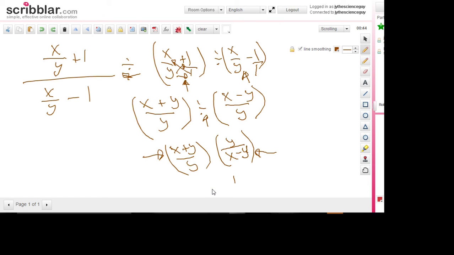No. So what is the same? The y and y. If it's not exactly the same, you cannot cancel it out. But if one part on the top is exactly the same as the part on the bottom, then you can. So I can only cancel out the y's. So it'd be x plus y over x minus y.